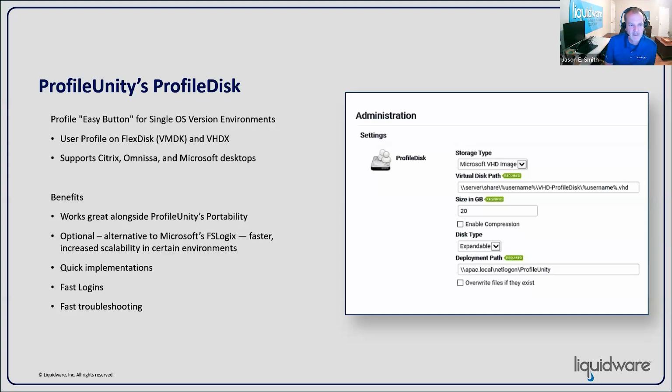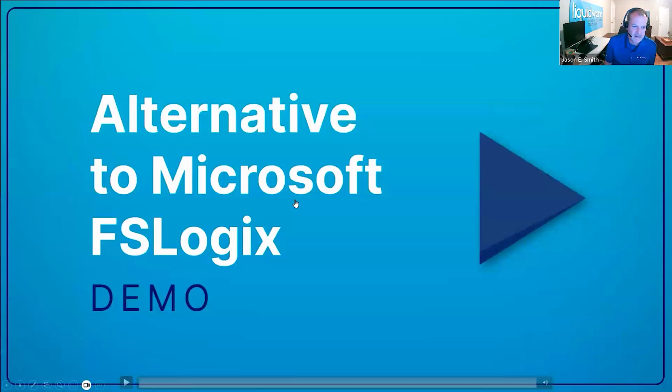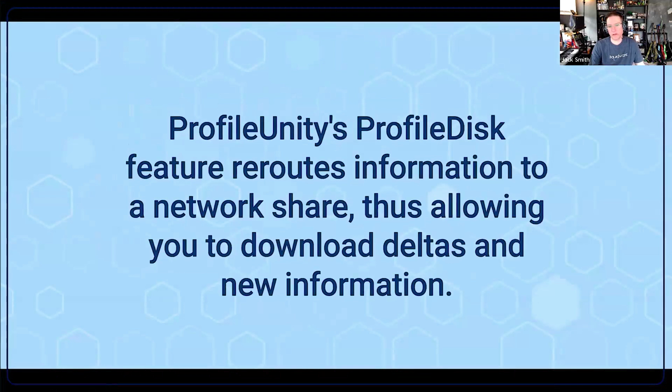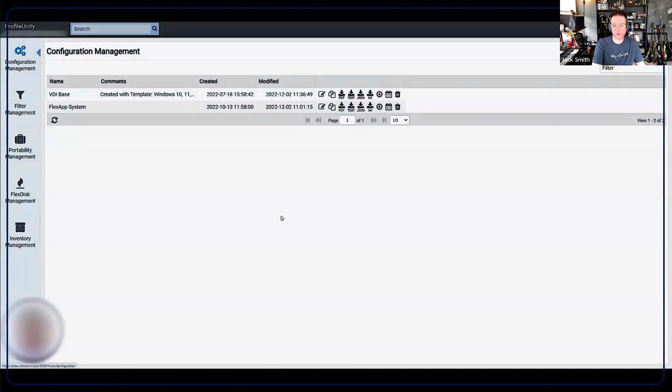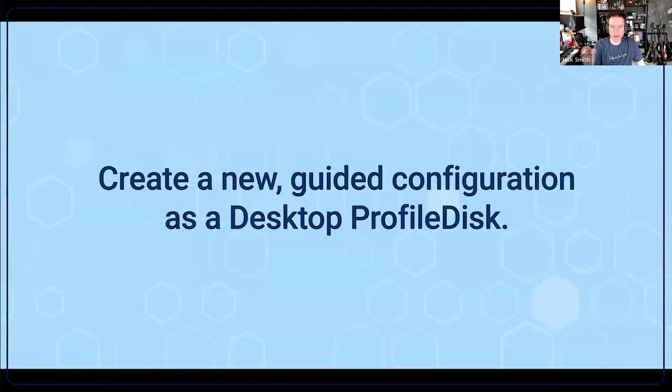We support any type of Windows environment. And then there are many benefits that we've already discussed. So I want to jump right into this demo of how you would set that up. All right, so this is going to look very familiar to the last demo we went through because it's a similar setup. If you wanted to set up your profile with a profile disk technology, it's the same thing: create guided.